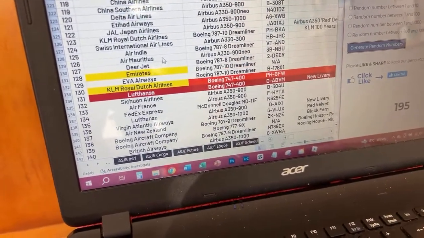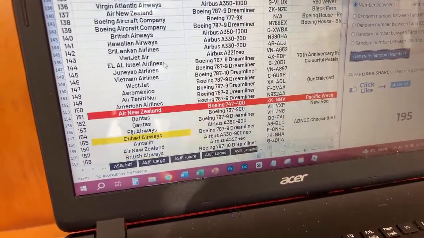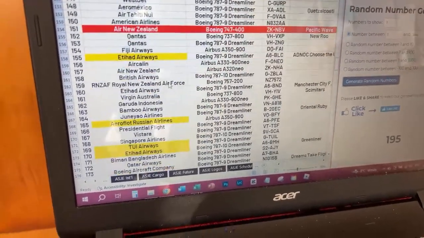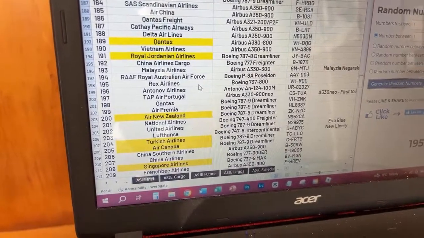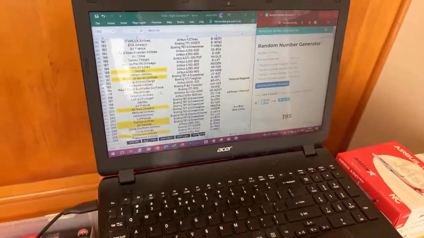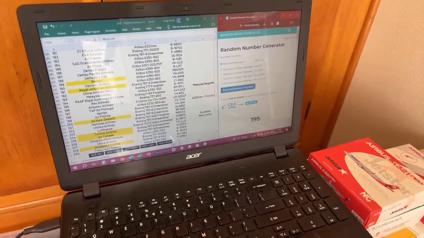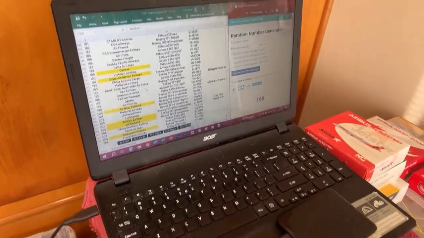They don't have the 200LR. Air New Zealand operates the 777-300ER as of today. They did used to have the 200ER, but they don't have it anymore. That's been phased out for quite some time now.